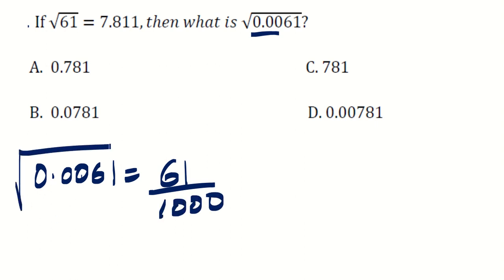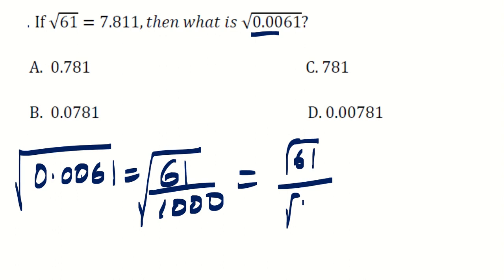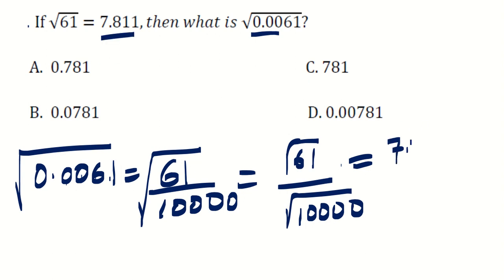So radical of this means radical of this, which I can write separately now: radical 61 over radical 10,000. 4 zeros it should contain, 1, 2, 3, 4 zeros. Here also 4 zeros, because after the point we counted 4. Then the upper part, radical 61, is given to you: 7.811.